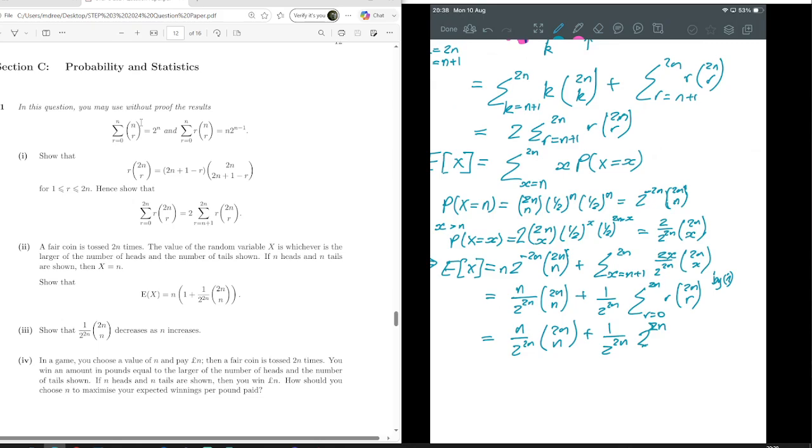Which I'm a little worried about because I want to factor out an n here, which I'm not getting. Oh, because I'm not using the first summation. I'm using the second summation, which has that extra r, in our case, the extra x that I want.